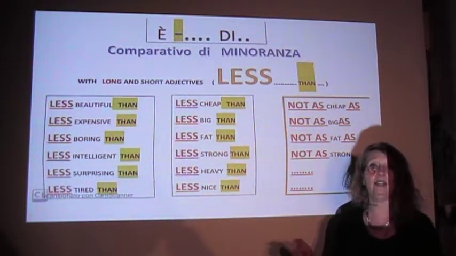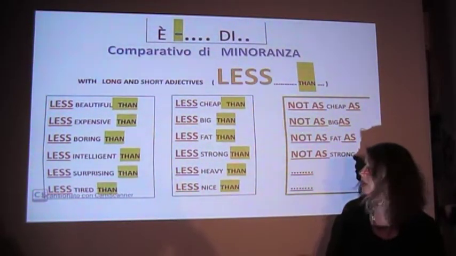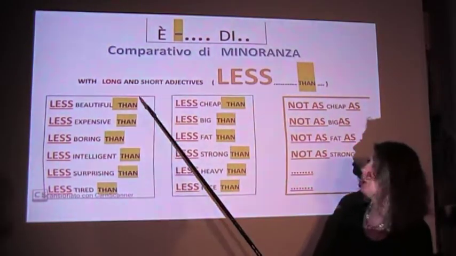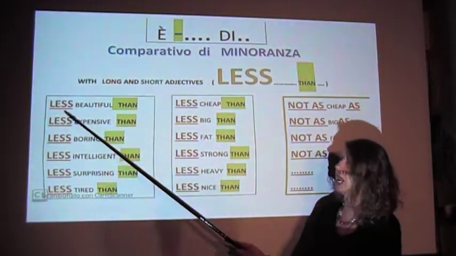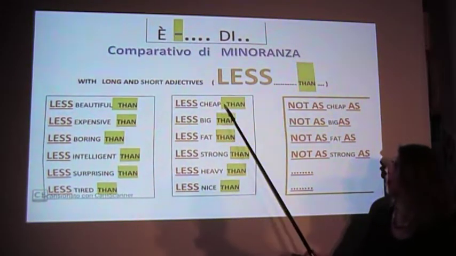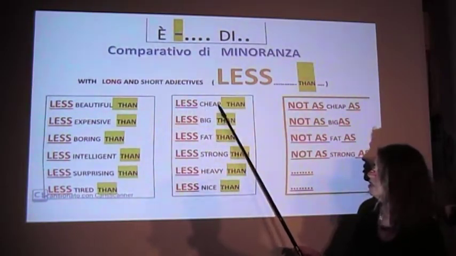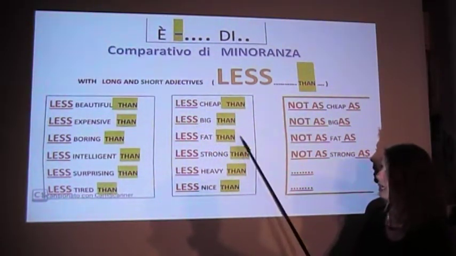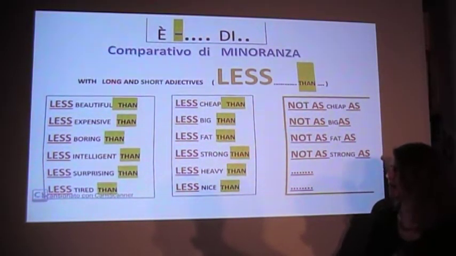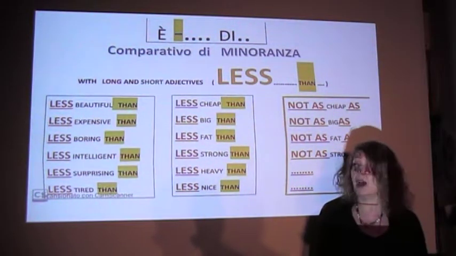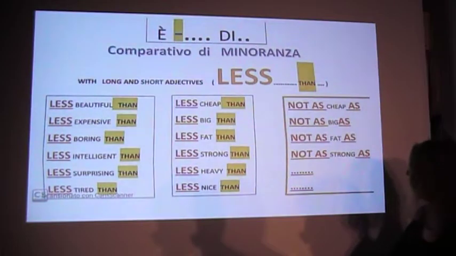You don't have two forms here, you only have one, because with long adjectives you use less than, but also with short adjectives you use less cheap than, less big than, less fat than, less strong than, less heavy than, and less nice than.